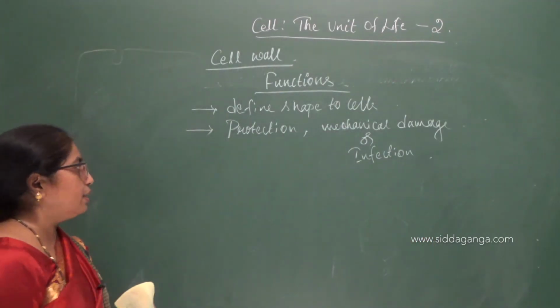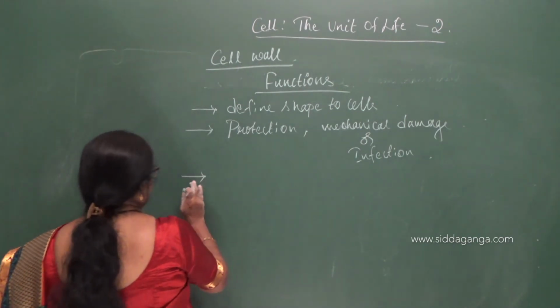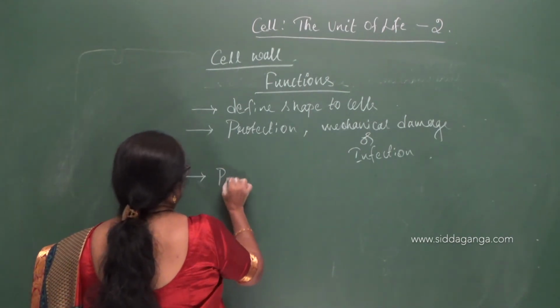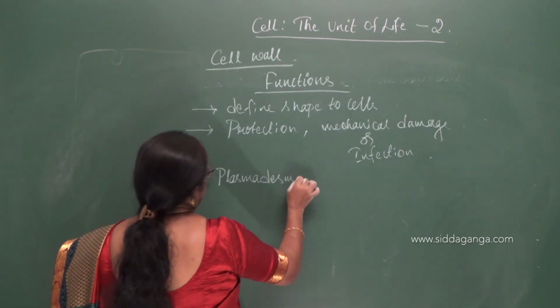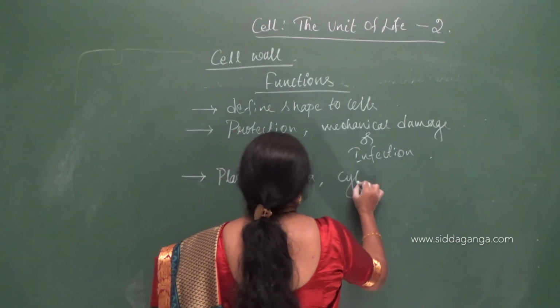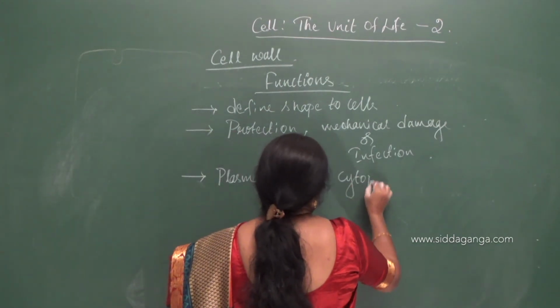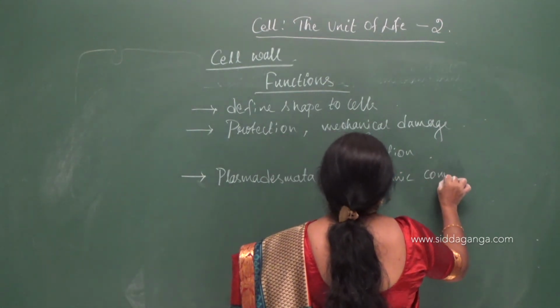So, it acts as a barrier. And thirdly, they have the plasmodesmata, which bring about cytoplasmic connections between the adjacent cells.